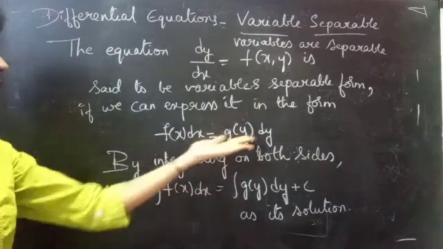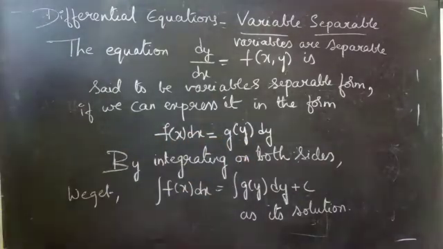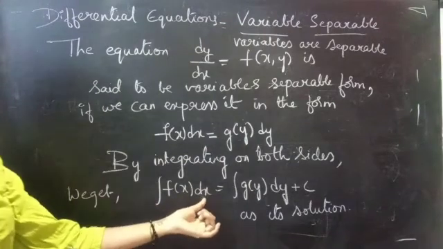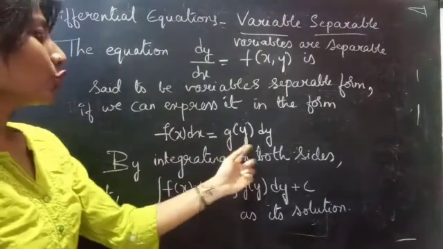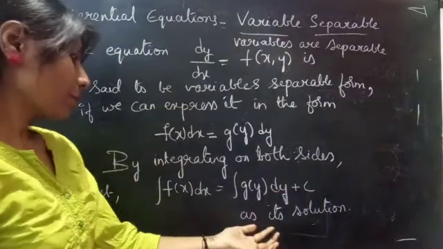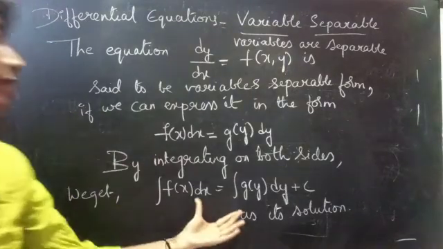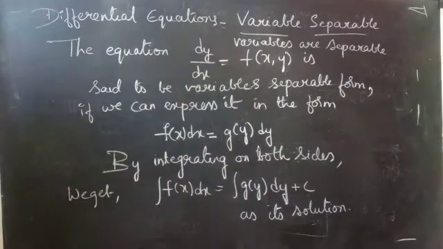Now, by integrating it on both sides, we'll get integral f of x dx equals integral g of y dy plus some arbitrary constant. Okay. So, we get this as its solution.